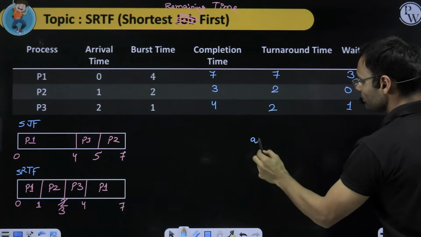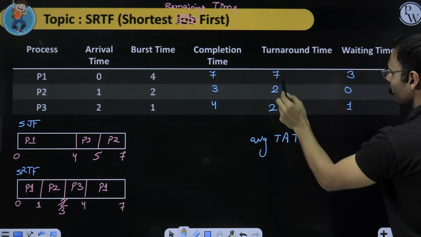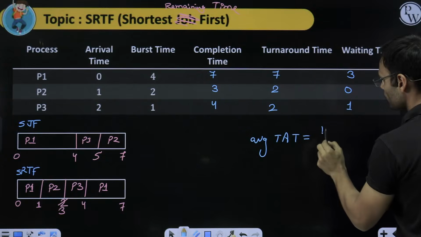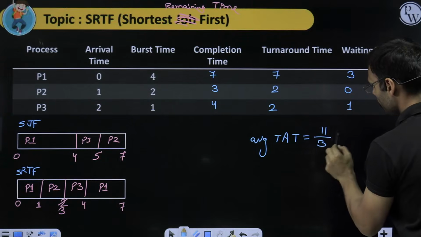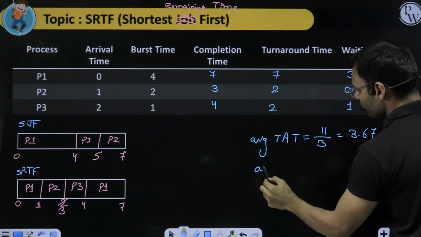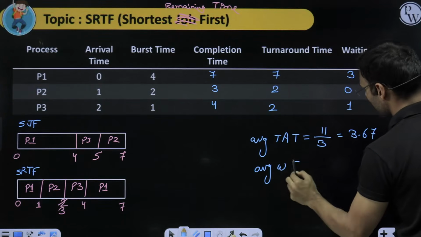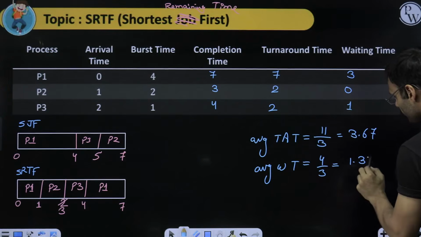Average waiting time and turnaround time we can calculate. 7 plus 2, plus 2, 11, divided by 3 is 3.66667. Average waiting time is 4 by 3, which is 1.33.